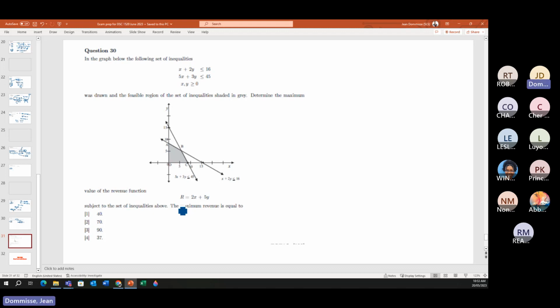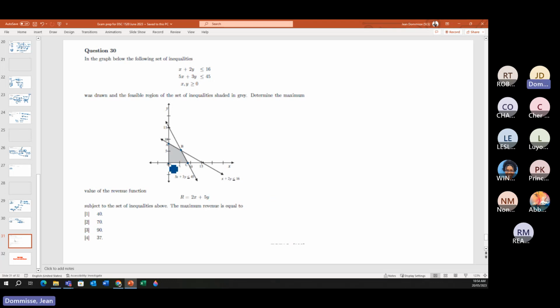And then they tell you the maximum revenue is equal to one of those. So what you need to do, we've got that point, that point, that point, and that point to work with.